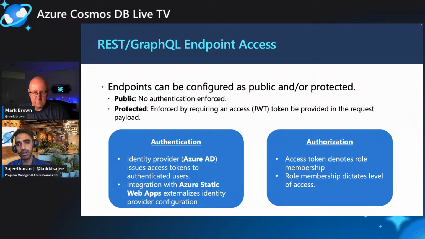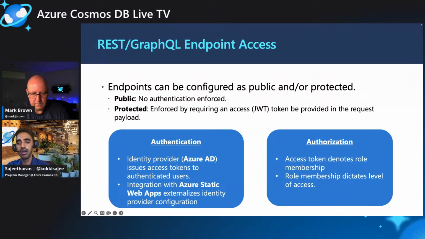For authentication, we would require the user to go to an identity provider like Azure AD to issue them an access token. They would provide this with each request they make to Data API Builder, and this allows us to validate whether they are authenticated users or not. Similarly, we have the Azure Static Web Apps integration. Static Web Apps provide an easy mechanism to externalize the identity provider configuration, so you can create those rules and Data API Builder doesn't need to be aware of the identity provider the user is using.